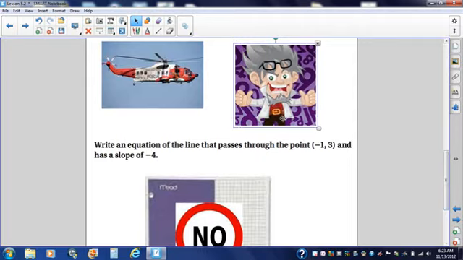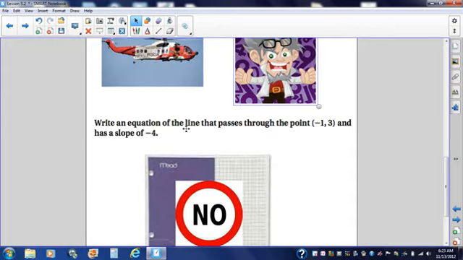there is an evil mathematician flying the rescue helicopter, and he says to you he is not going to let you on the rescue helicopter and get you off that stranded remote island unless you can write the equation of a line that passes through the ordered pair (-1, 3), and it has a slope of -4, and you say, oh, no problem, I can do that.